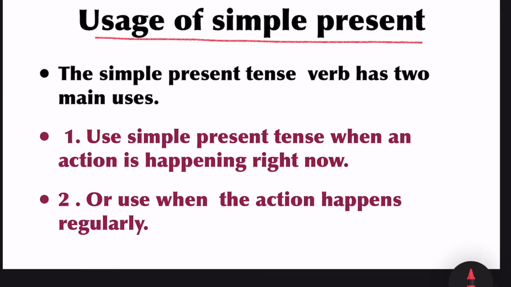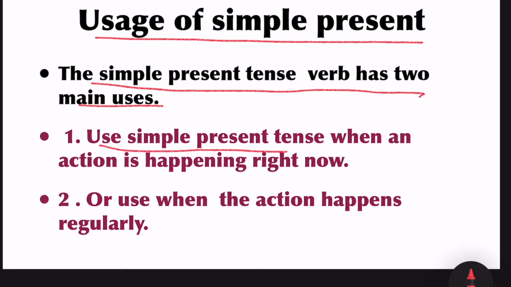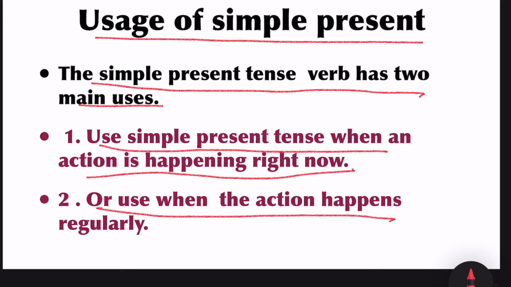Usage of simple present. In what situation can we use simple present tense in our conversation? The simple present tense verb has two main uses. Number 1, you can use simple present tense when an action is happening right now. And number 2, you use it when the action happens regularly.